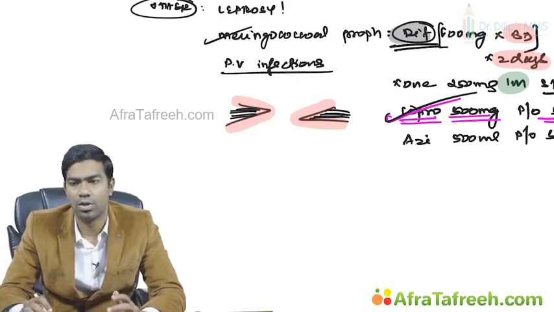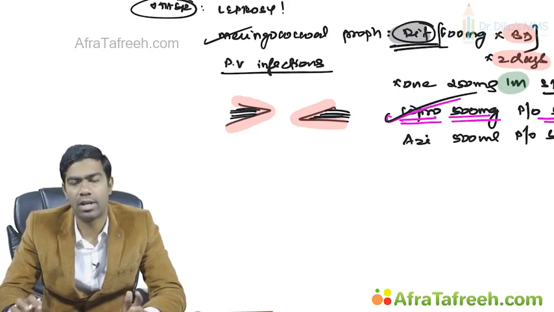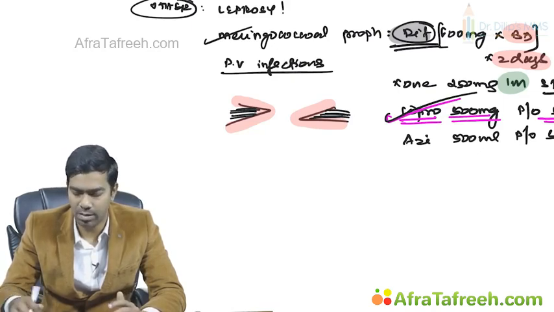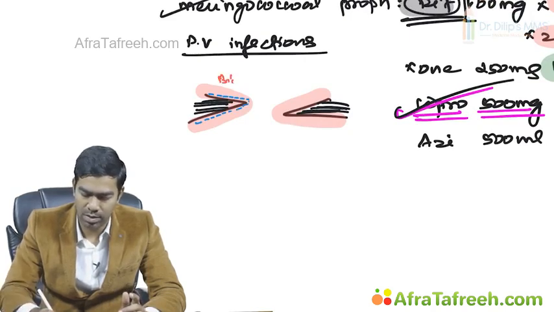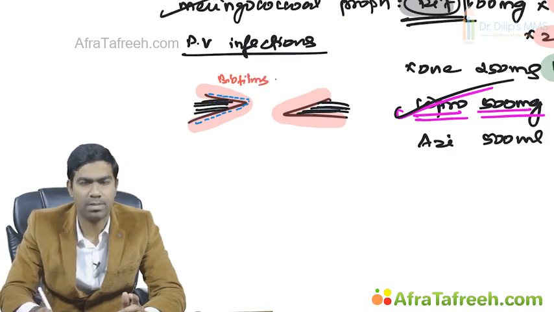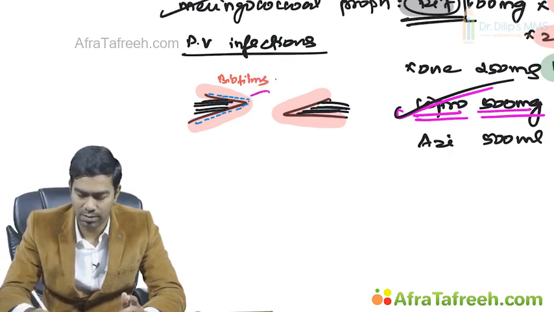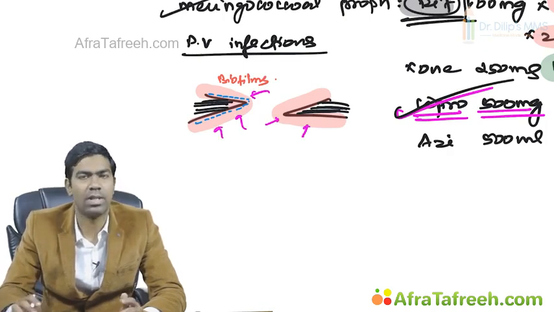It's very difficult to enter, because the bacteria will be proliferating at this zone. Clear? The bacteria will be proliferating here, and these biofilms typically protect the bacteria, and the antibiotics will not enter into these biofilms. That's why they produce this biofilm.